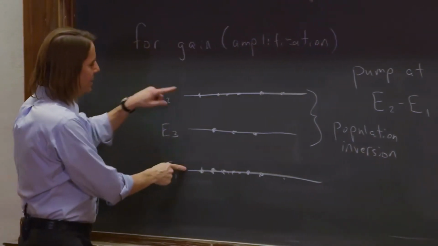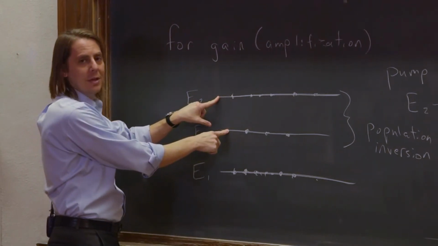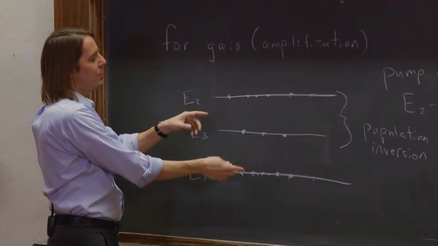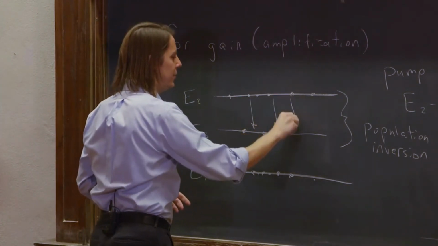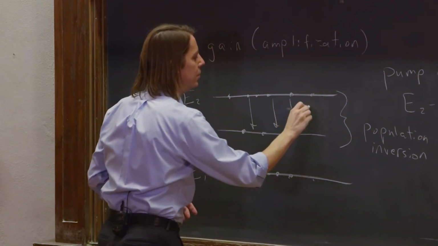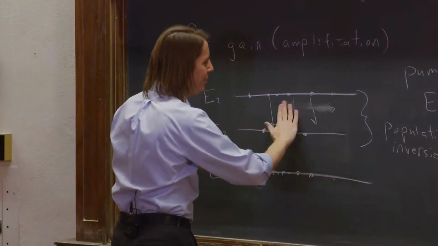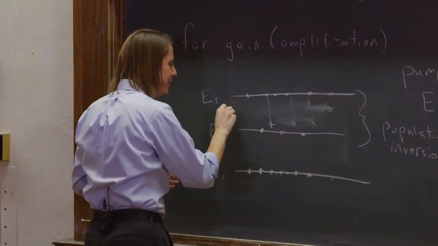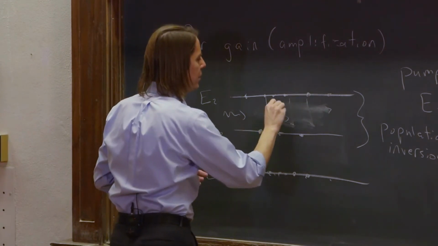You pump on E1 to E2 to get a bunch in E2, and then you end up with more in E2 than E3. And you can pull it off with this third level because you're not pumping on this level. And then it just rains electrons. And they make photons. Right? Well, I'm sorry. So you make your population inversion, and then you send in one photon, and it stimulates two photons.